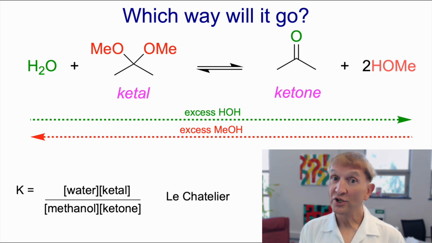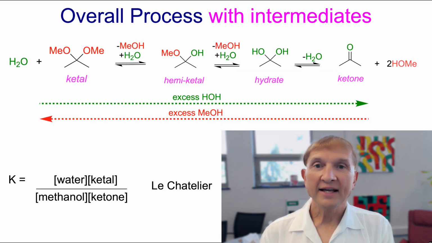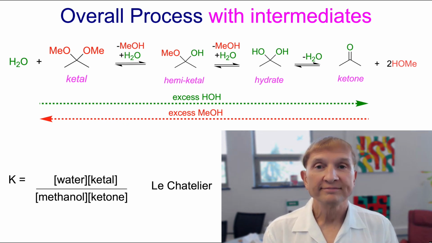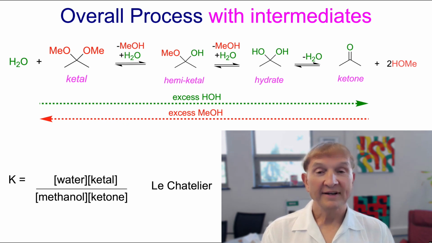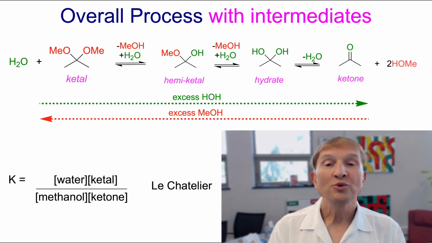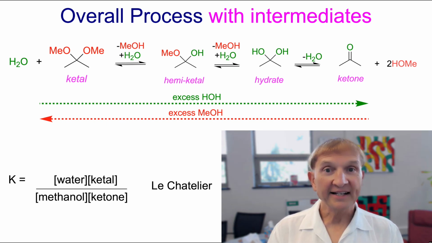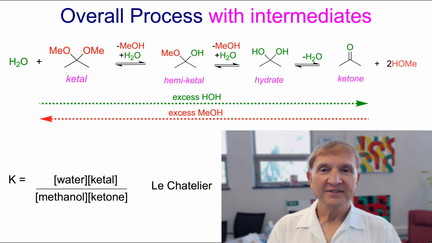If we do the reaction in water or with a large excess of water, then we bias the equilibrium towards the ketone. But if we do the reaction in the presence of methanol and acid, we bias the equilibrium towards the dimethyl ketal. Ideally, we'll do the reaction in dry methanol to get this to work.